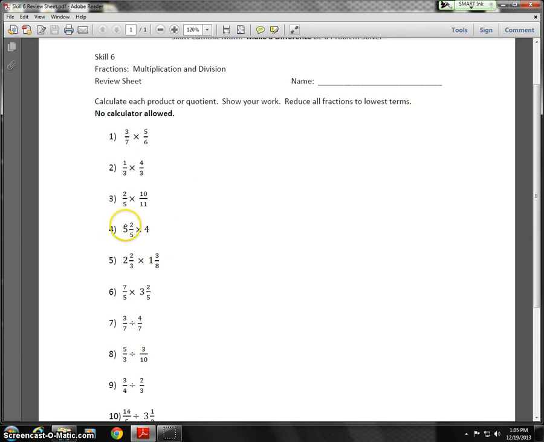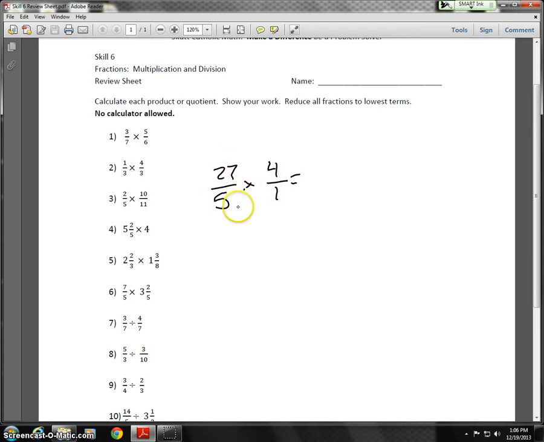Now with number 4, we have a proper fraction times number 4. To multiply these, we're going to need to turn this into an improper fraction. So 5 times 5 is 25, plus 2 is 27 over 5, times the number 4 is the fraction 4/1. So 5 2/5 times 4 is the same thing as 27 over 5 times 4/1. We look at the numerators, we look at the denominators.